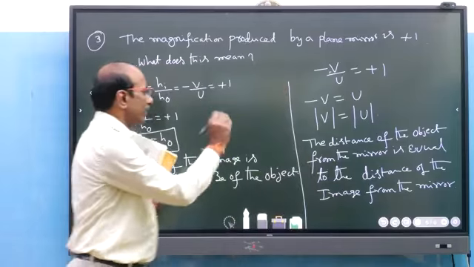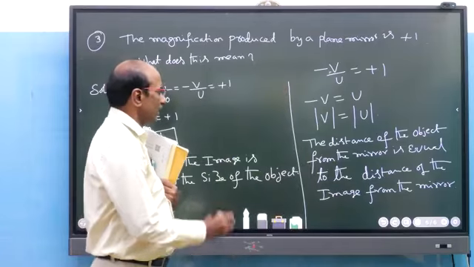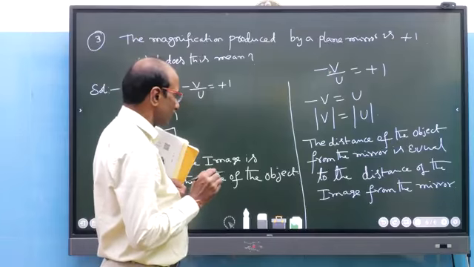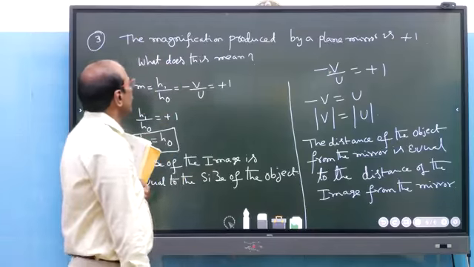So modulus of v equals modulus of u means the distance of the object from the mirror is equal to the distance of the image from the mirror.